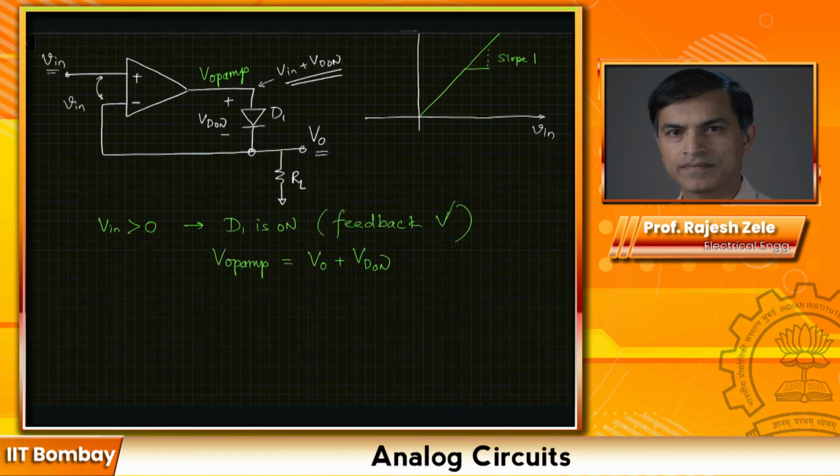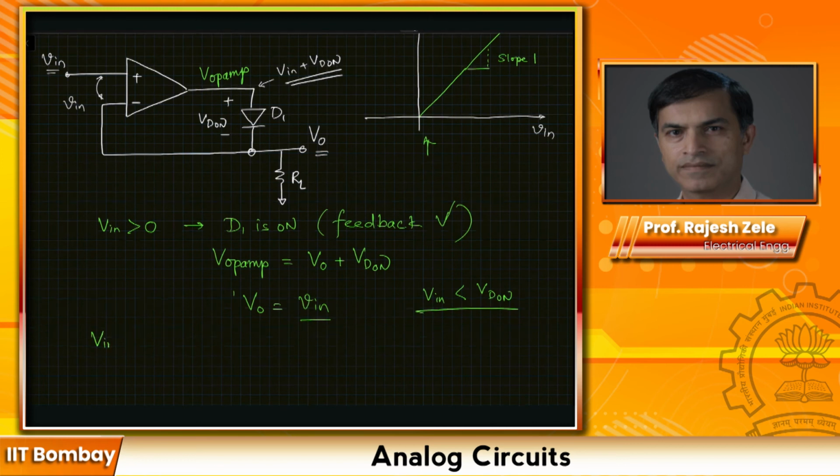And of course, most important, the output V0 is equal to Vin. The key observation here is that it doesn't matter what value Vin is. Vin can be less than VD on, this will still work. So the limitation of the diode, 750, 800 millivolts to turn it on, doesn't really bother us.